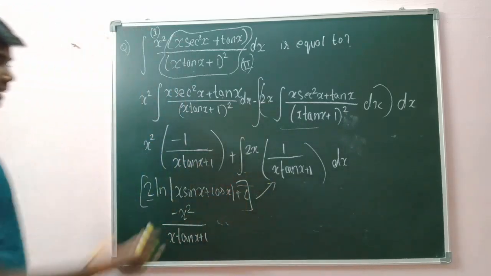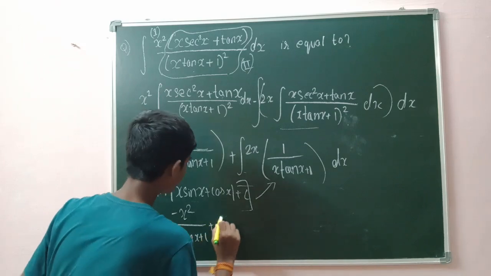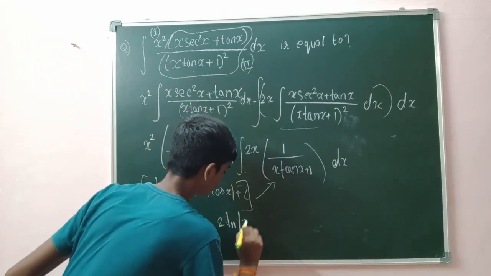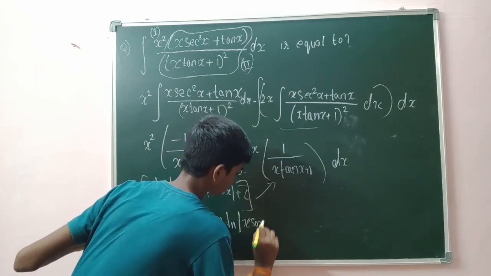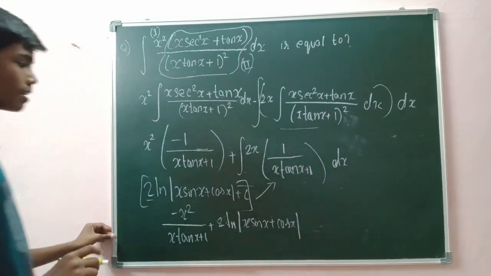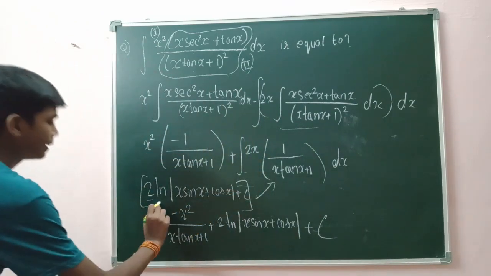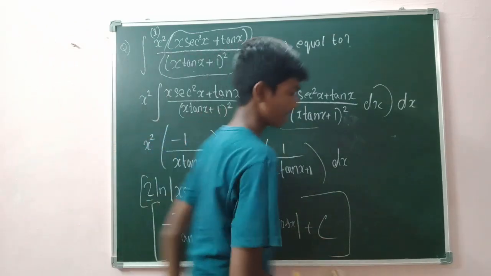So this is the integral. I just found out the value of this integral at this particular value. So plus 2 times ln of, then plus some constant. This is the constant for these 2 particular integrals, and that's the answer for the question.